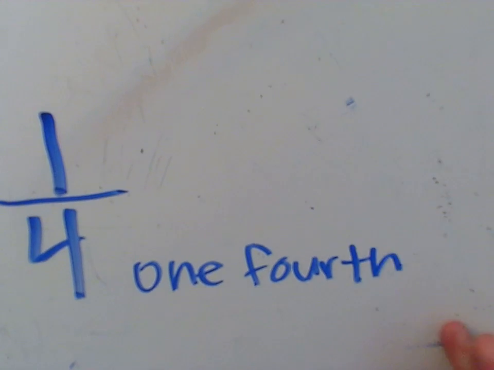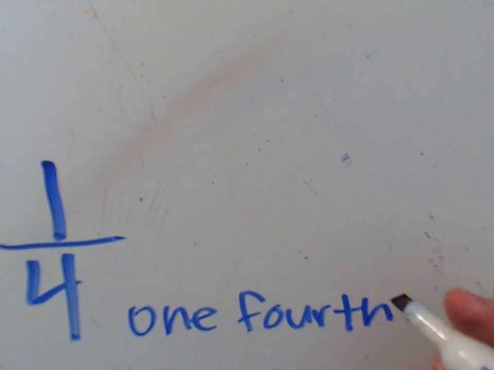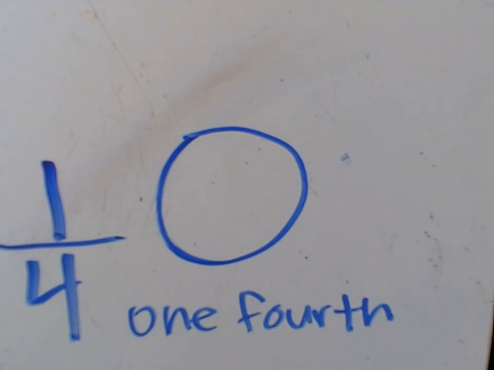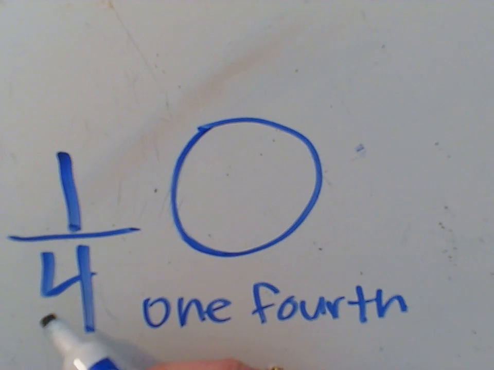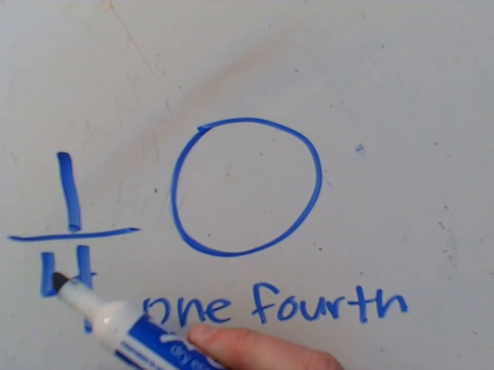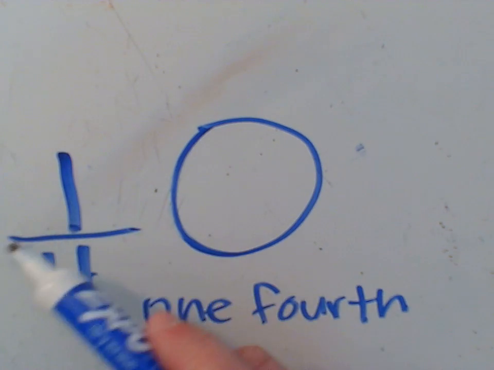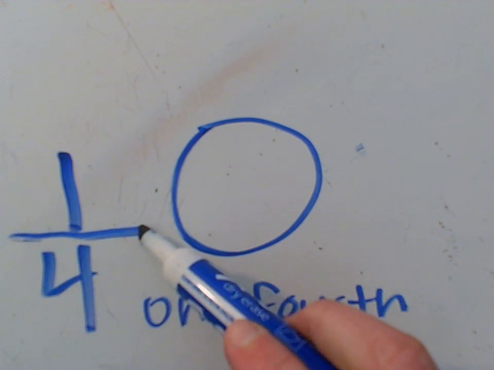All right, so if we have our circle, how many equal parts do we need to make? Remember, this is called our denominator. It's kind of like the boss. It tells us the big information. And then up here, this one that sits on top of this line is our numerator.